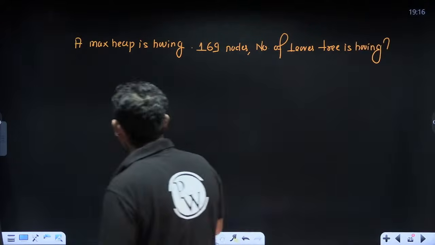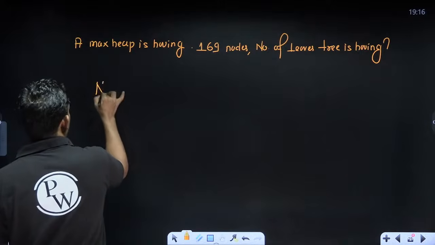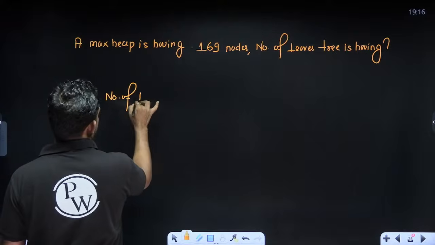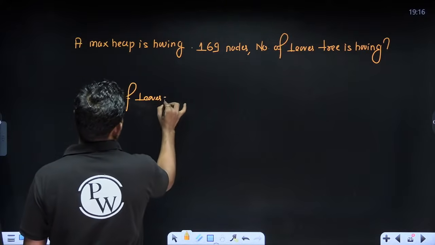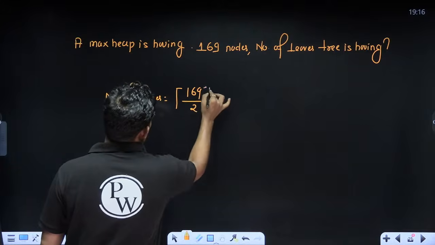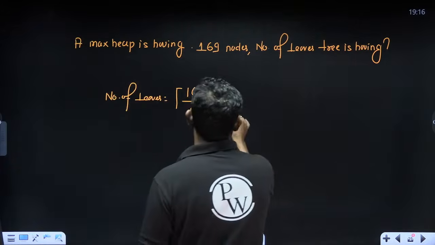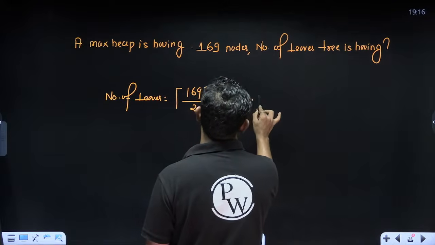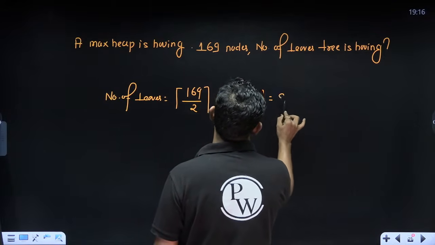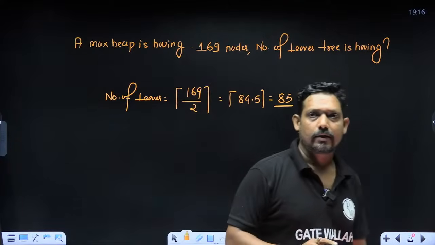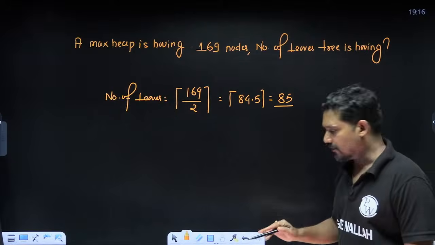So the number of leaves will be ceiling value of 169 divided by 2, and that is equal to 84.5, which is 85. So the answer is very simple, 85. Okay. 85 is the answer for this question.